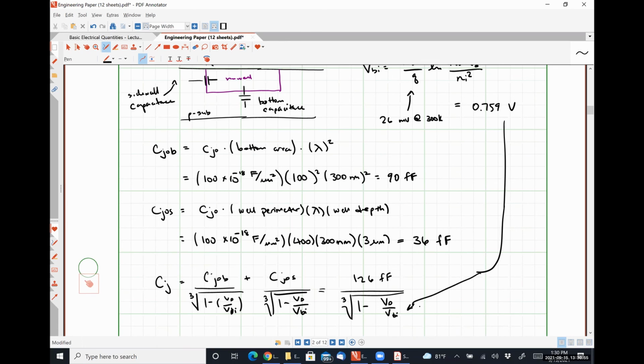So as a kind of spoiler here, we have observed that an N-well can be used as a resistor, right? Because it's a medium that resists current flow and all that kind of good stuff.